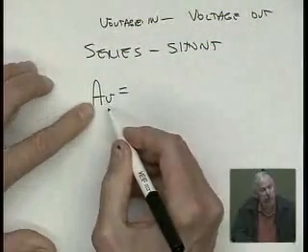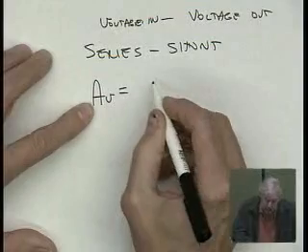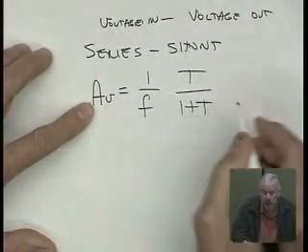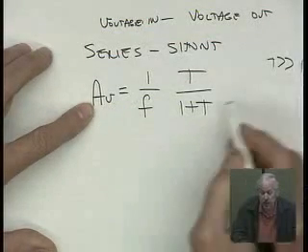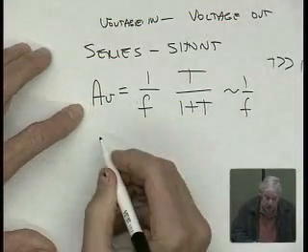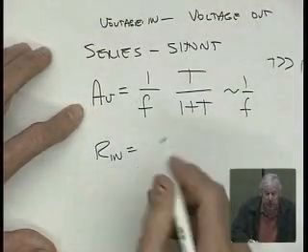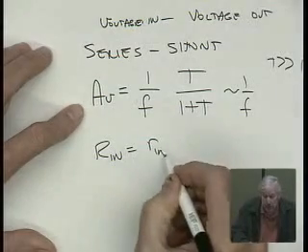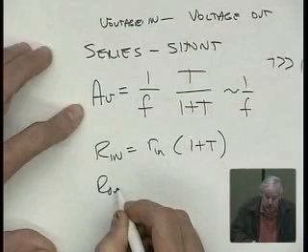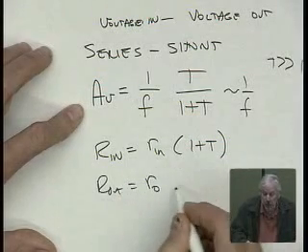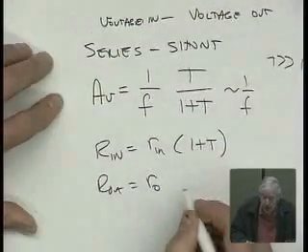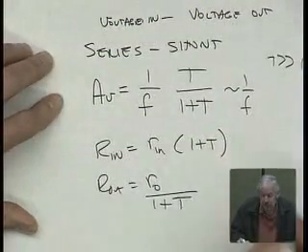So it's a voltage amplifier, and the gain is equal to 1 over F times T over 1 plus T. If T is much, much greater than 1, this goes to 1 over F, the feedback factor. Rn, the input resistance, is going to be Rn of the basic amplifier times 1 plus T. R out is equal to RO of the basic amplifier divided by 1 plus T.